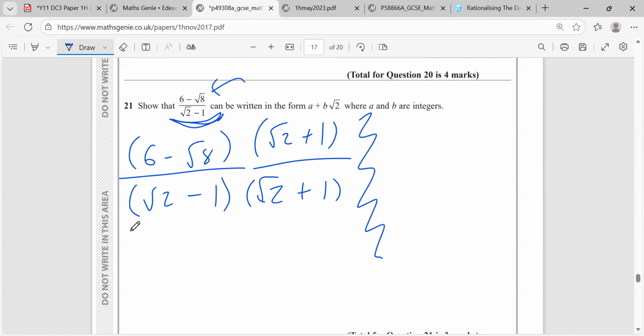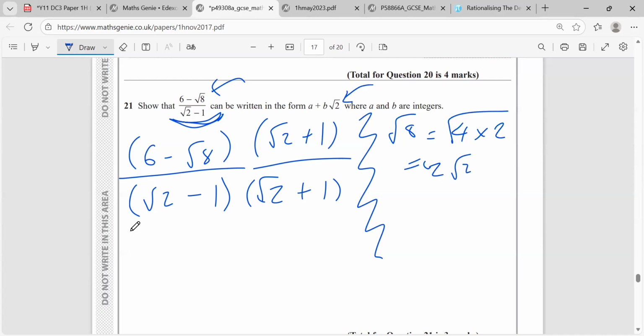Also here, root 8 can be simplified because from the answer, it's asking us for root 2. If I look at root 8, it's made up of 4 times 2, and the square root of 4 is 2. So it's 2 root 2.